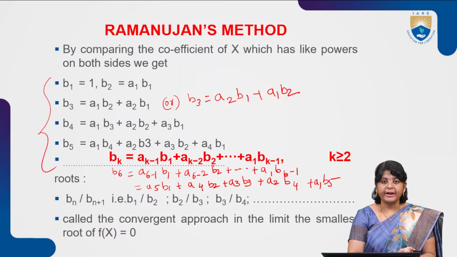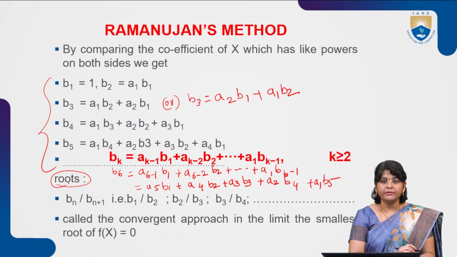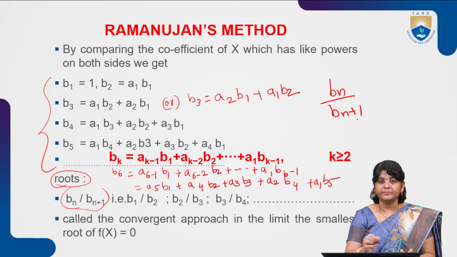After finding these values, we find the root of the given polynomial. To find the roots, the formula is bn upon bn plus 1.